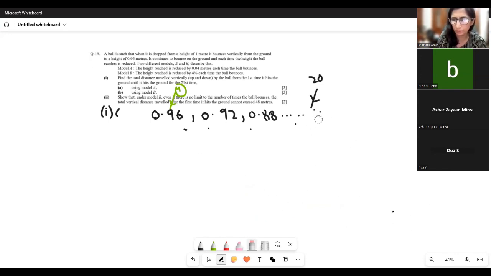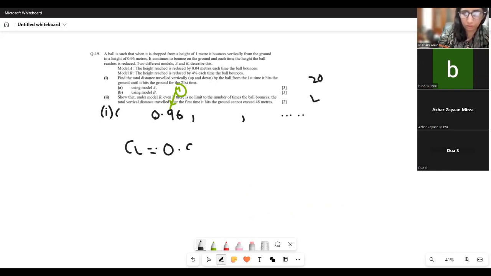So same thing, but this time I'm not going to ask you to find the 20th term. So if it's a GP, what's A? 0.96, but what's R? of 4%, 4/100. 4% नहीं होगा. अच्छा 4% रिडक्शन हो रही है ना, तो it's going to be 96%. पिछली वैल्यू को 96% से मल्टीप्लाई करोगे तो नेक्स्ट वैल्यू है.